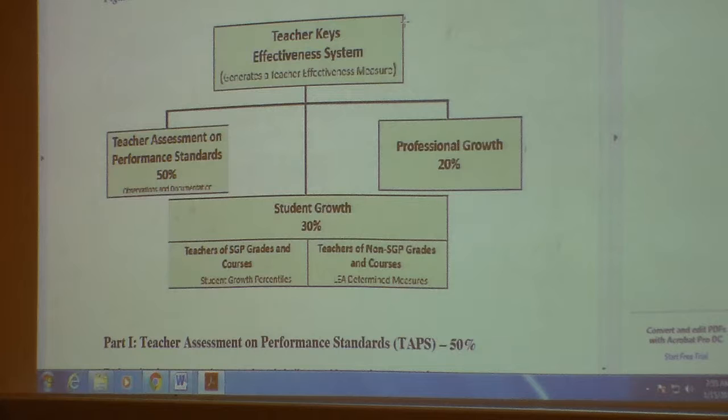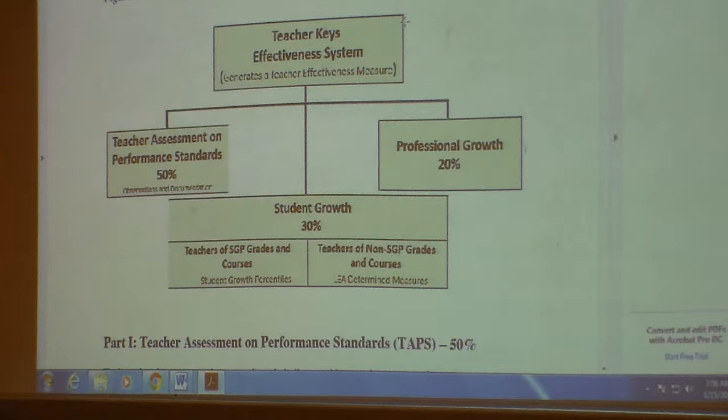As far as student growth, we voted to go away from SLOs, and we're just going to use the district's growth percentile as our student growth for SLOs, and then for the math and the milestone courses, of course, it'll be on the milestone course. So just a refresher on that and how that works.